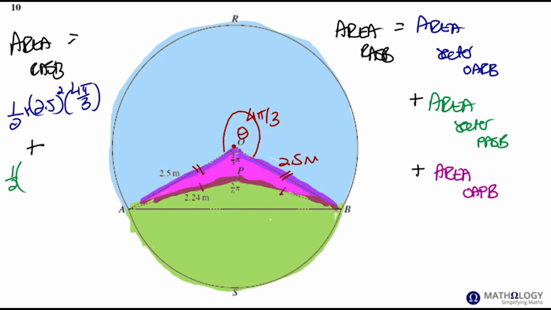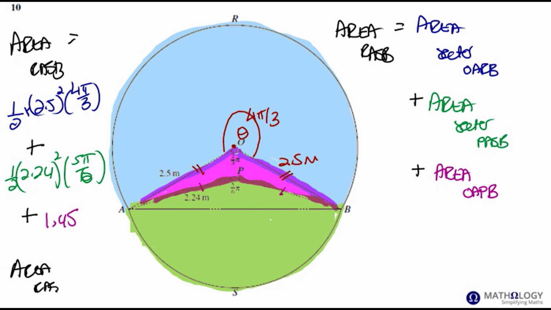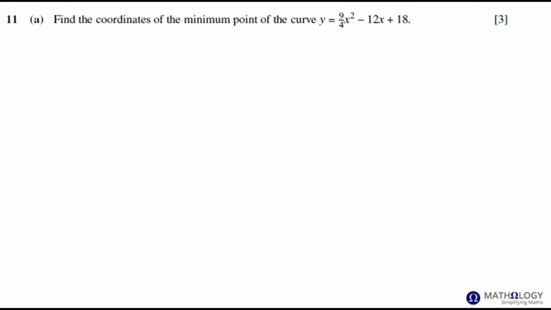The radius squared is 2.24, 2.24 squared. The arc angle is 5 pi by 6. And the area of the purple shaded region is what we just determined in the previous question, is 1.45. So the area of RASB equals 21.11 square meters.